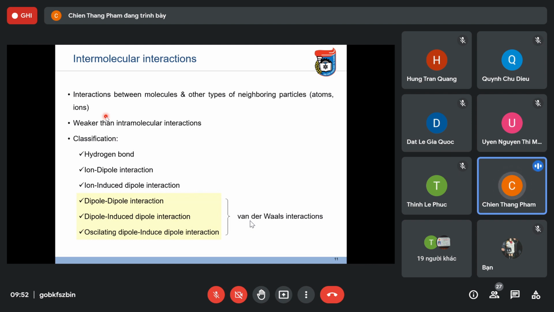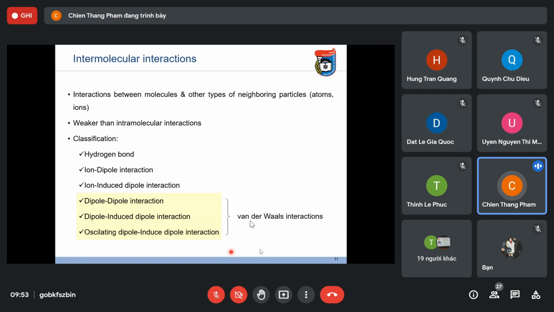You can see that there are 6 types of intermolecular interactions. The first one is the hydrogen bond, which is one of the very special interactions. Then there are ion-dipole and ion-induced dipole interactions. The last 3 interactions are related to dipole interactions: dipole-dipole, dipole-induced dipole, and oscillating induced dipole.